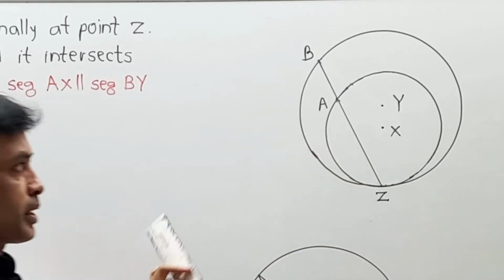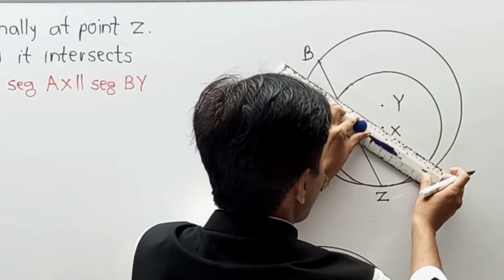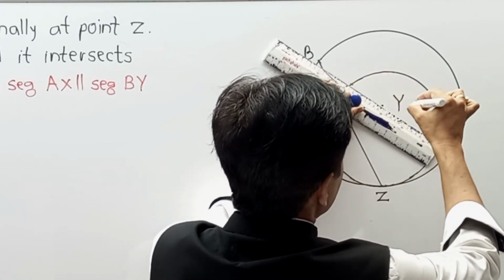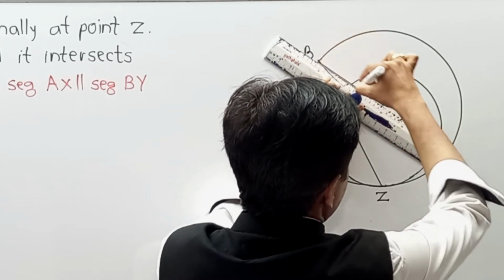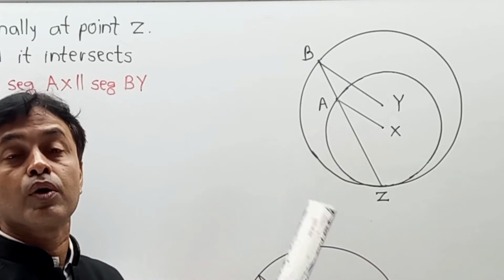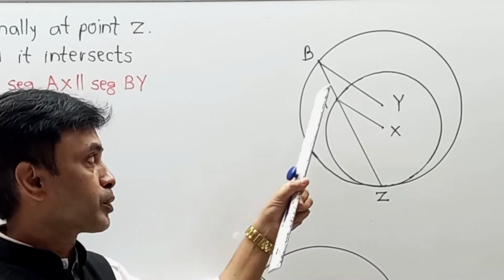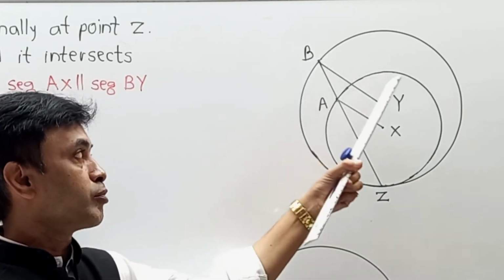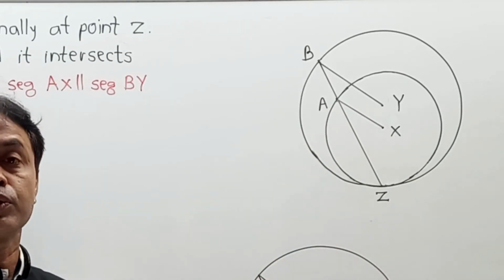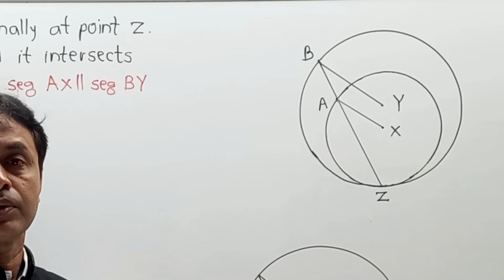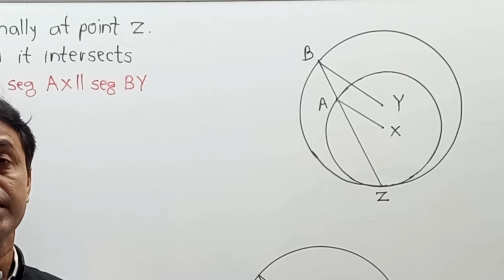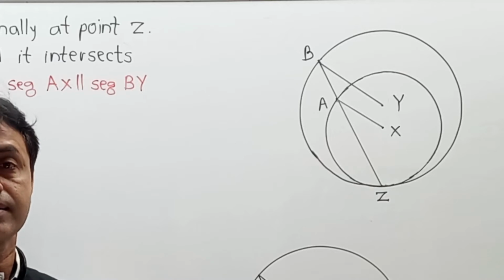So I am going to draw that part. We have to prove that AX is parallel to BY. This diagram up to this part is already given in your textbook. When you have to prove that, you have to go through the test of alternate angles, interior angles or corresponding angles.